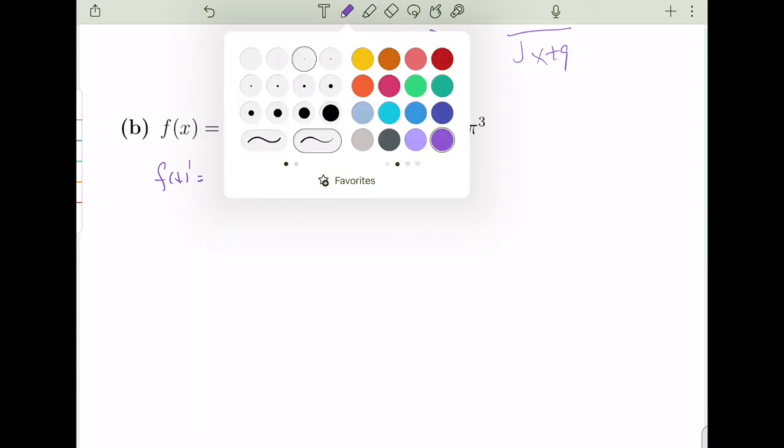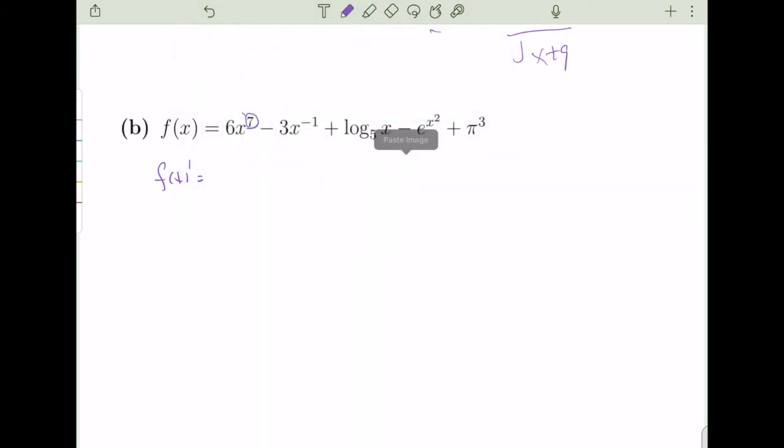This number goes down, this coefficient, and then minus 1. So 7 times 6x to the 7 minus 1, that's 6. Okay? And for the second one, this thing goes down. So negative 1 times 3x to the minus 1, that's minus 2.